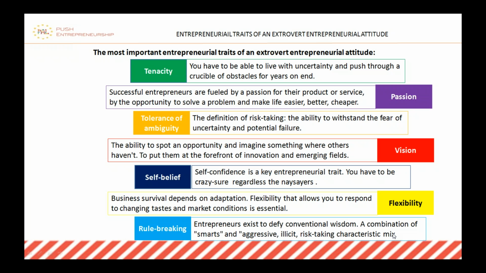A survey last year by Bruce Levin of the University of California, Berkeley, and Jonah Bromstein of the London School of Economics found that among incorporated entrepreneurs, a combination of smart, aggressive, illicit, risk-taking activities is a characteristic mix. That description will certainly hold true for some of the most famous entrepreneurs of recent years.